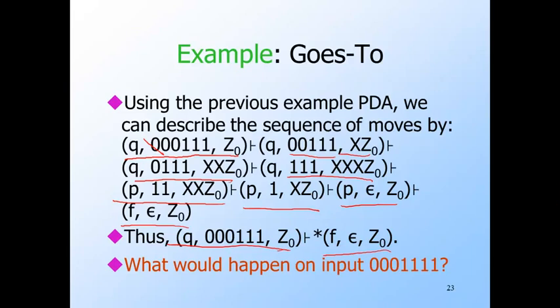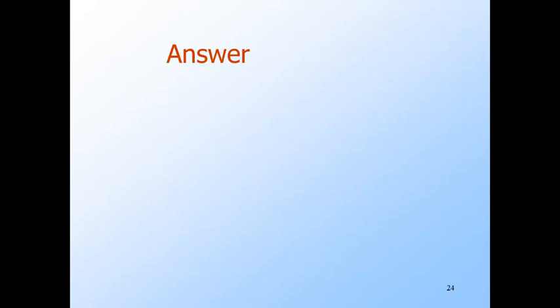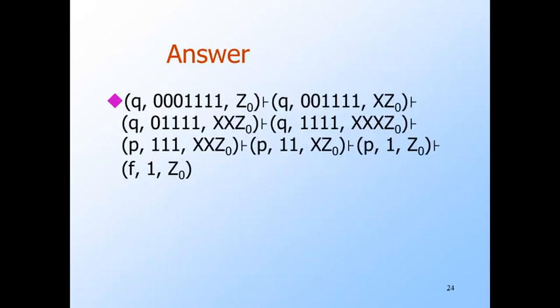In order to understand better the idea of acceptance of an input by a PDA, we have to ask ourselves, what would happen if there were an extra 1 on the input? We'll take that up on the next slide. The sequence of IDs is the same, except that an extra 1 tags along at the end of each input string. The last move, where the state changes from P to F, is still legal, because a PDA can use epsilon input even if there is input remaining.